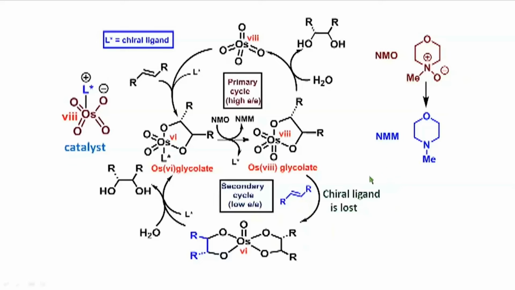There is a competition between this osmium species which has a ligand and this particular osmium(VIII) species which doesn't have a ligand for the dihydroxylation of the olefin. And because of this, the enantiomer selectivity of the chiral diol is low.